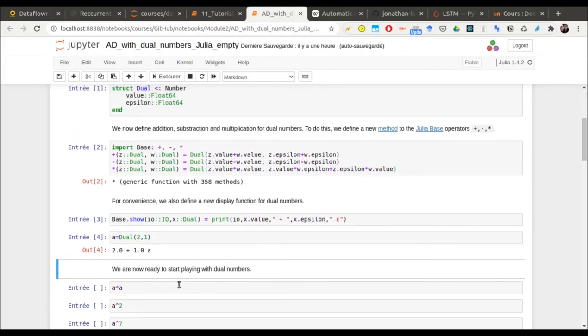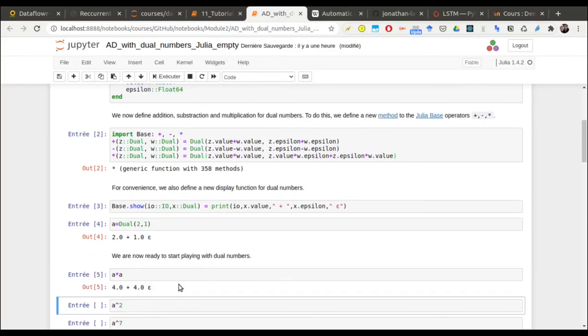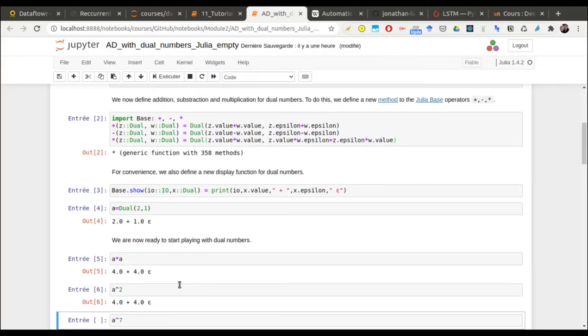So now we can play with these numbers. Since I defined what is the product of two dual numbers, I can do this. Okay? Does it make sense to everyone that it's 4 plus 4 times epsilon? So it's correct. The fun part is that this A times A is A square and it's still working.